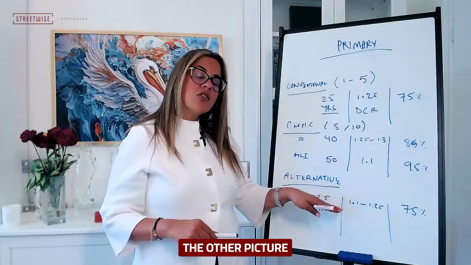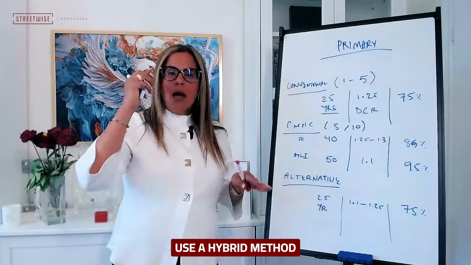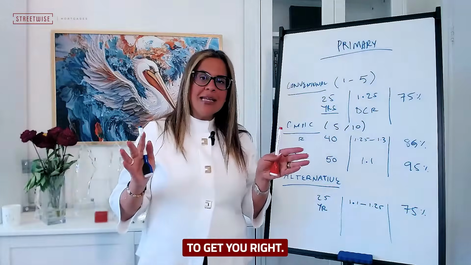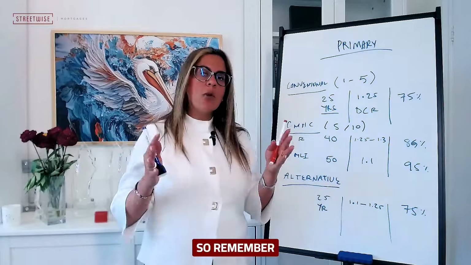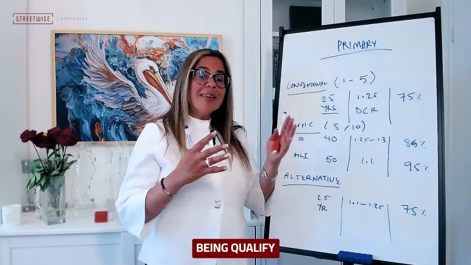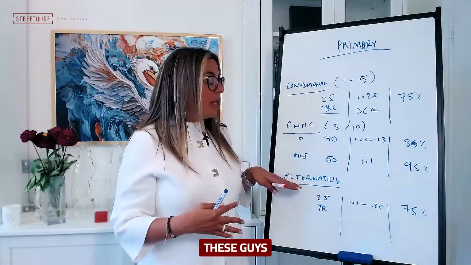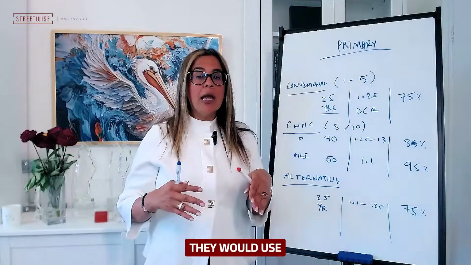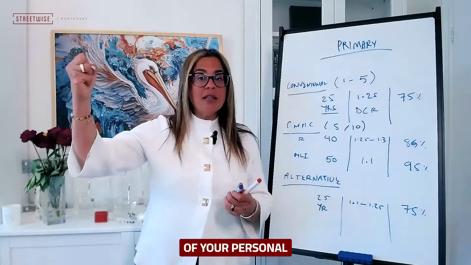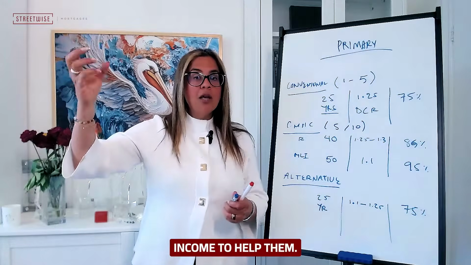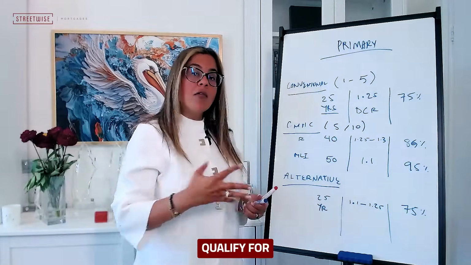The other thing too is that some lenders here use a hybrid method to get you money. So remember we talked about the building qualifying for the mortgage in multifamily financing? These guys have an option whereby they would use a percentage of your personal income to help the building qualify for a bigger loan.